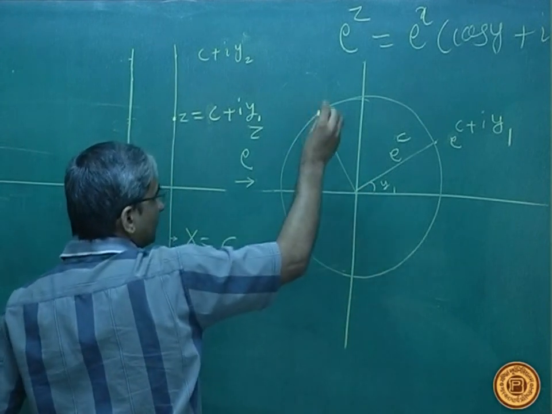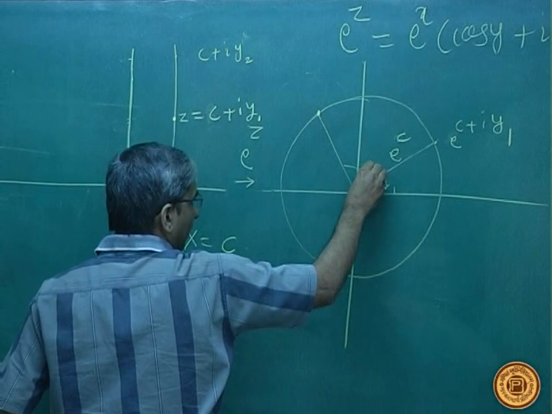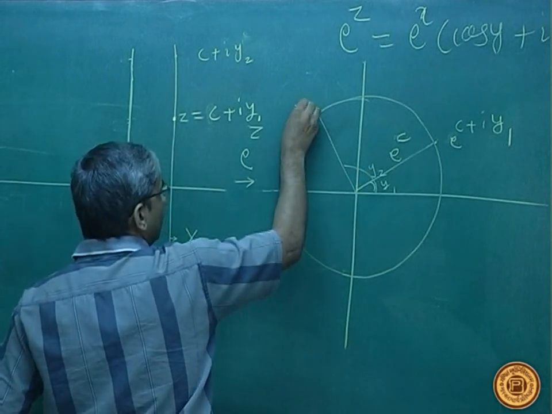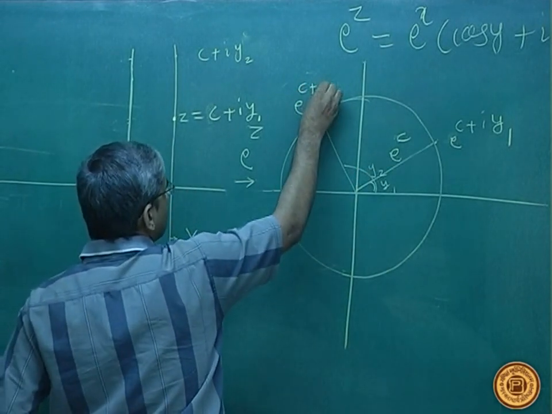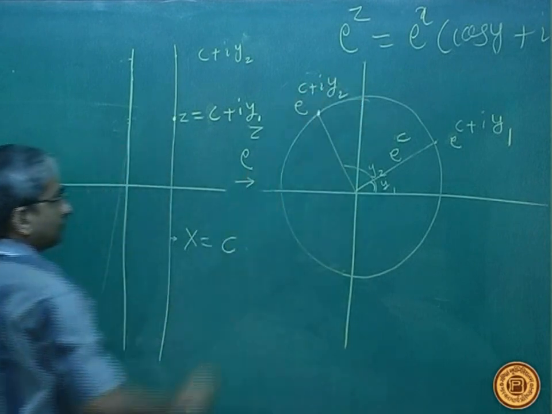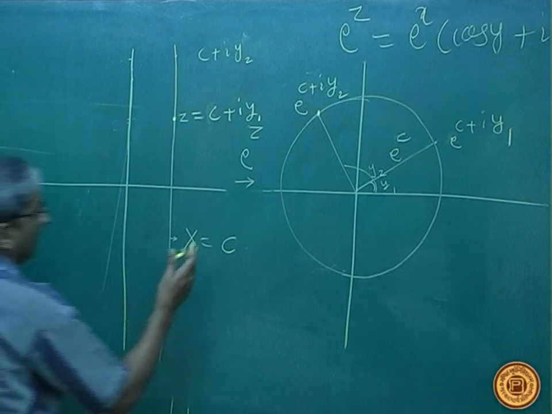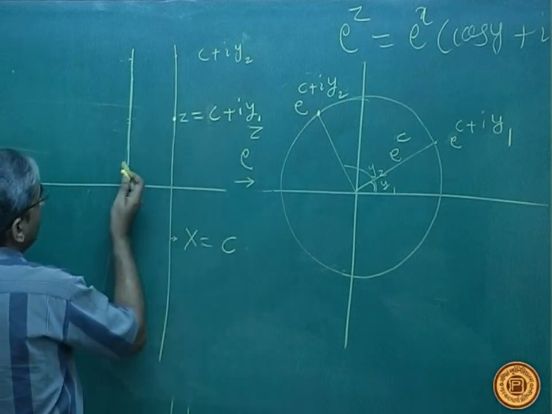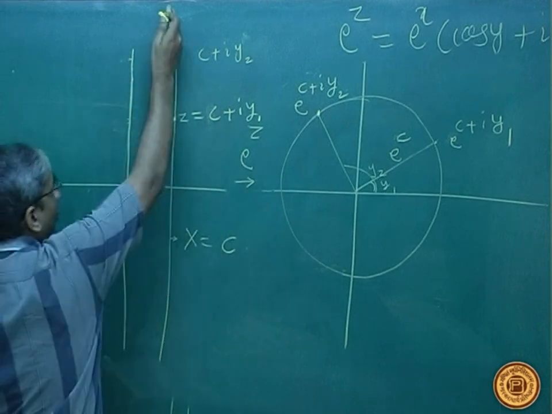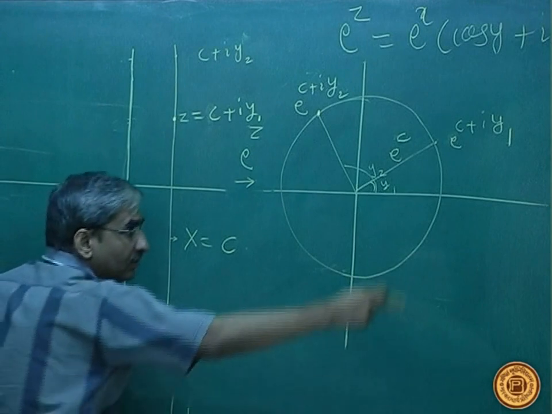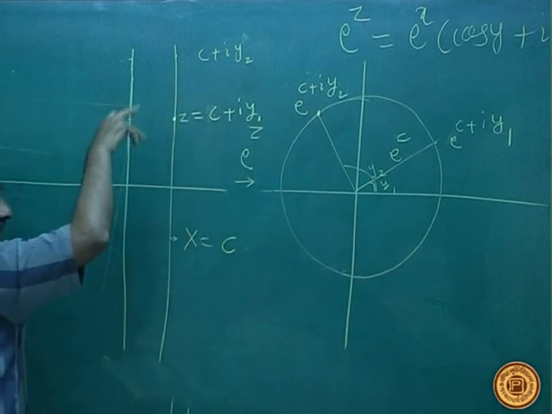It will be on the same circle, but this angle is y2. Then this is e to the power c plus i times y2. Clear? The exact image point will depend on y, but all these points will be mapped to points on this circle.